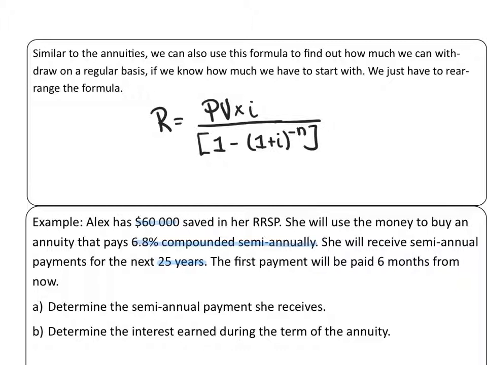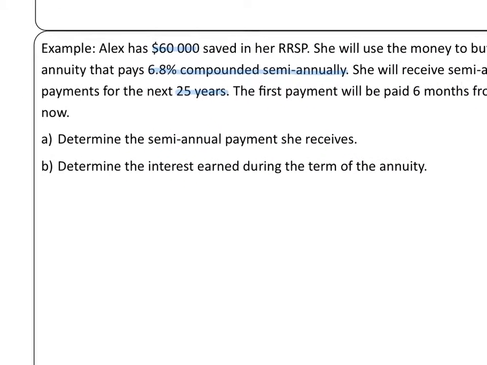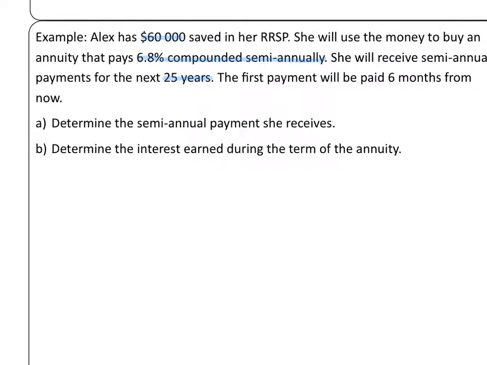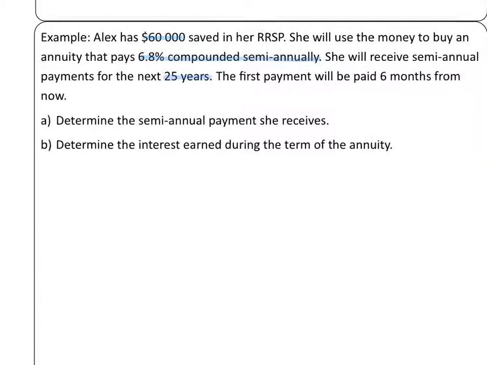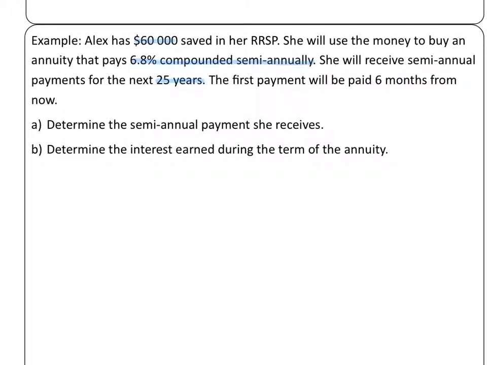Determine the semi-annual payment she receives and determine the interest earned during the term of the annuity. I think I forgot to find the interest on the last example, but that's okay because we'll do it with this one, and it works similarly to what we did yesterday.